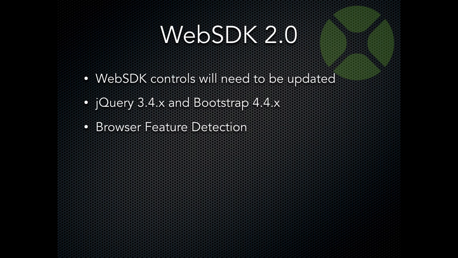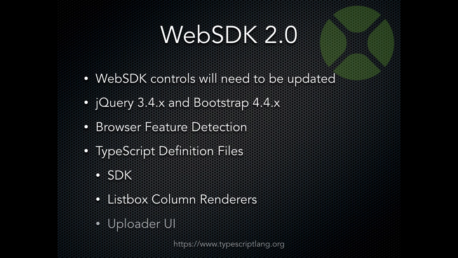Modernizr will be run on every browser, so you can detect if the browser has all the features that your plugin needs. And although not required, we're encouraging everyone to use TypeScript for Xojo Web SDK development, and definition files will be made available to you for the SDK itself, list box column renderers, and the uploader engine.